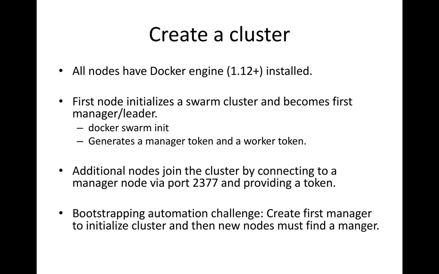Once you have a set of instances that are running the Docker engine, you take one of those instances and that's your first node in the cluster, and you initialize a new swarm cluster by running the docker swarm init command. That will initialize a new cluster and make that first node the first manager, or the first leader of the cluster.